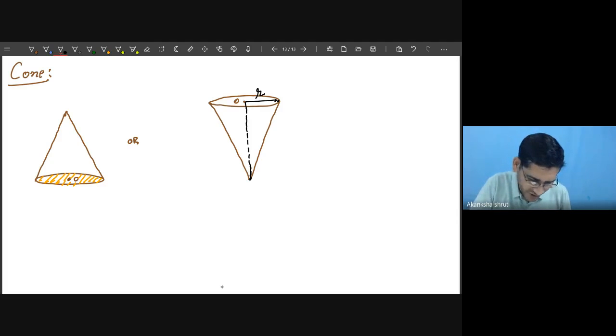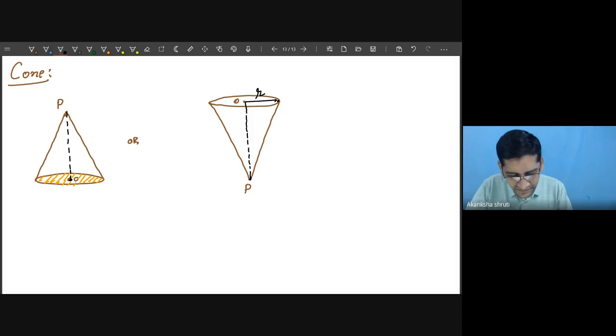Let me take this point as P. We have to be careful while drawing this figure. Here P is just above O, where O is the center of the circular area of the cone.